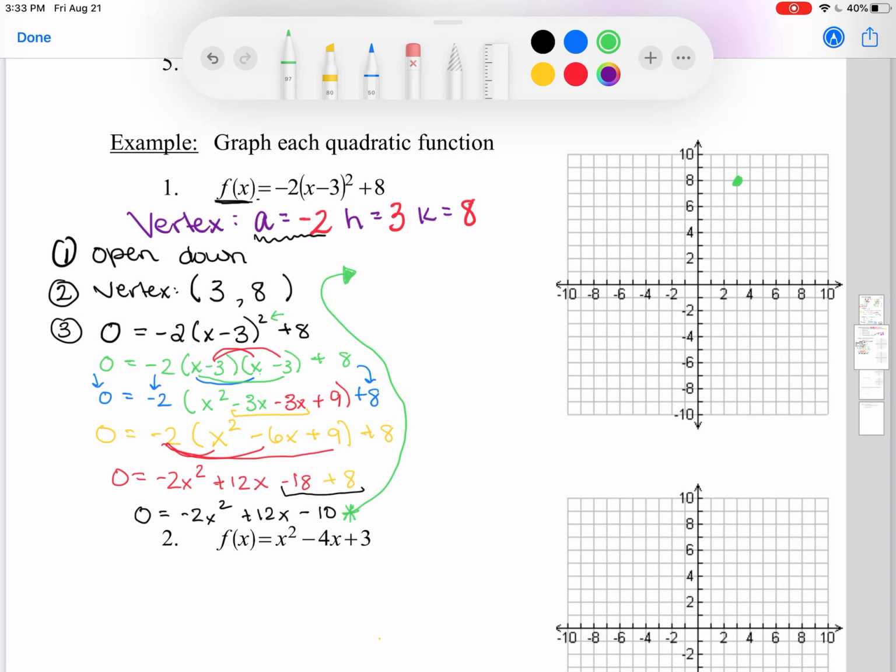So to do that, I'm going to look over my coefficients in front of my terms. I have a negative 2, a positive 12, and a negative 10. I happen to see that they all have a common multiple amongst all of them.